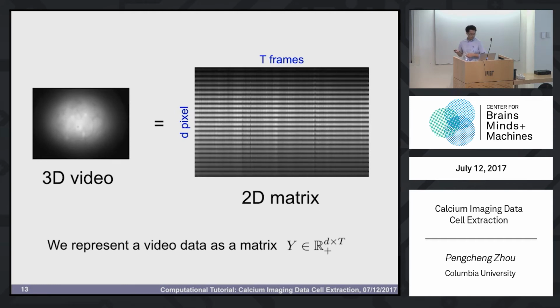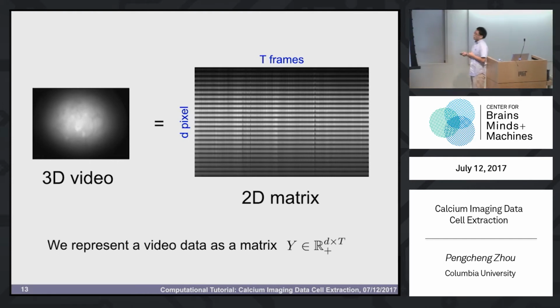Before converting these two observations into mathematical formulas, I want to mention how we represent 3D video data in the matrix factorization approach. For 3D video data like this, we usually represent it as a matrix.